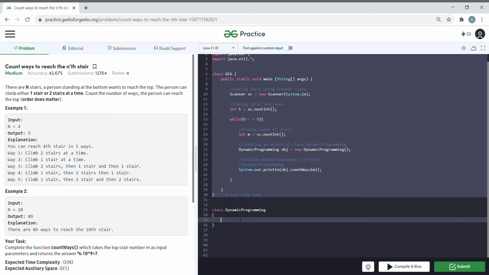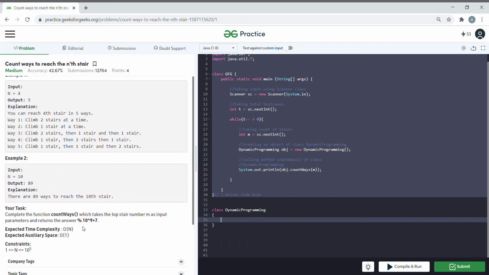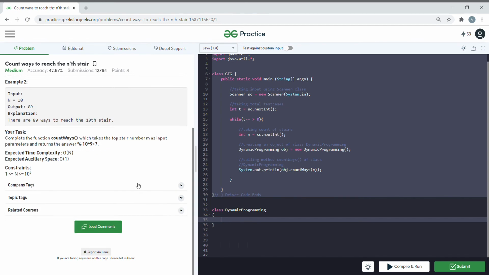Since they've said that the number is huge, we'll go with long as the return type. The method we have to write is countWays, and we'll pass in the value of m.